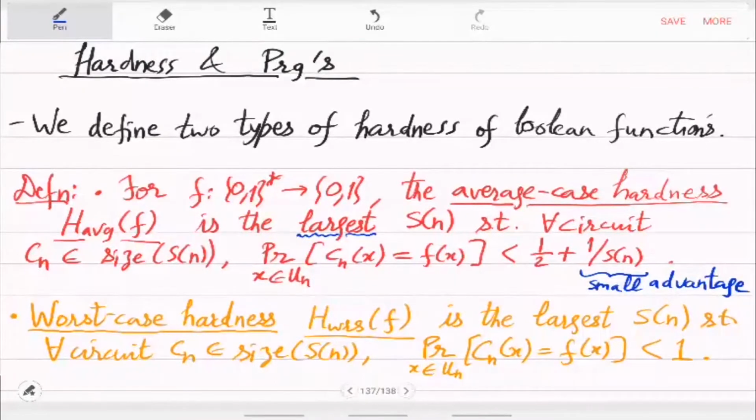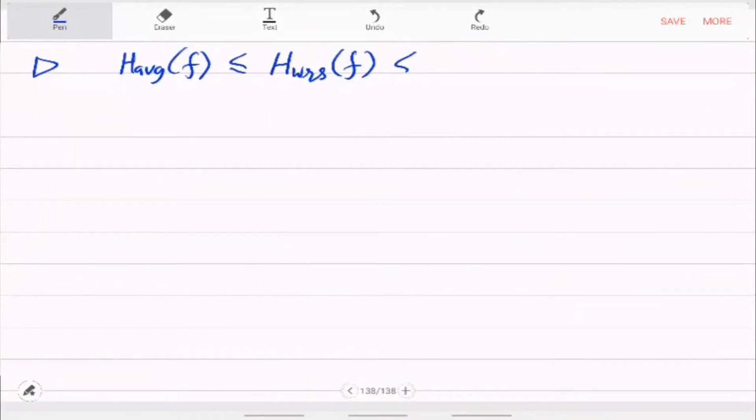If you take the size to be more than 2 raised to n, then you can just use the truth table of the function and compute F exactly. So it cannot exceed 2 raised to n by truth table of F. And the size when you convert a truth table to a circuit may be slightly more than 2 raised to n, so maybe we make it a bit more.